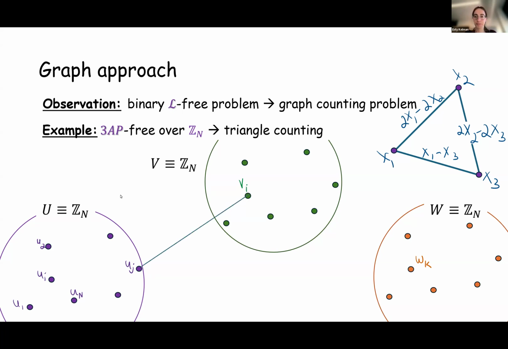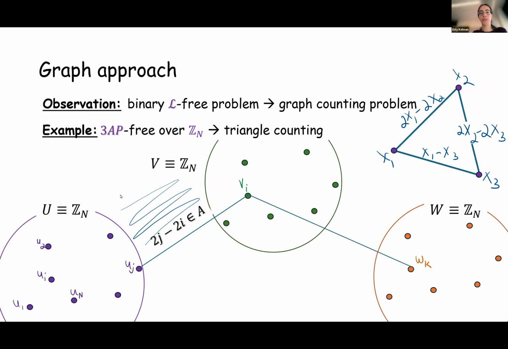We have an edge between u_j and v_i if setting x1 and x2 to the associated elements in Zn would result in the linear form being an element in A. This way, we build a bipartite graph between U and V. Similarly, between V and W, we do the same thing, but now with a linear form connecting x2 to x3.